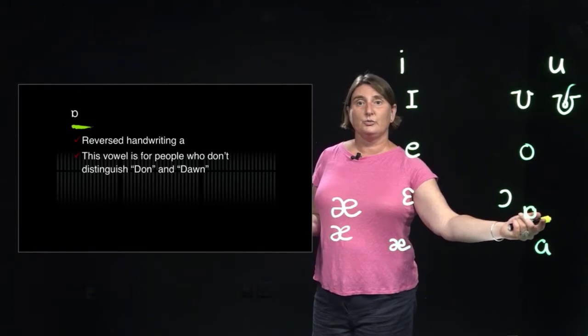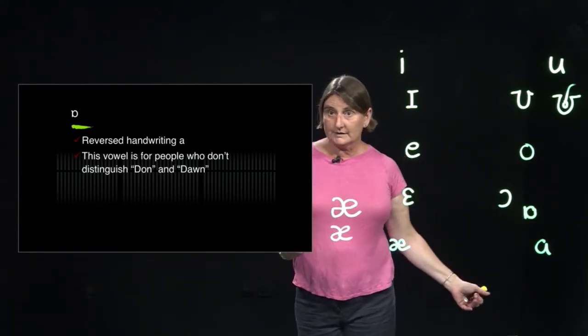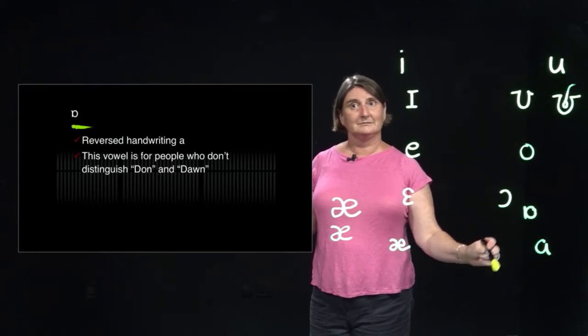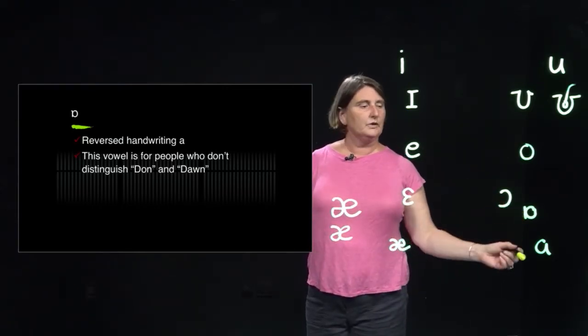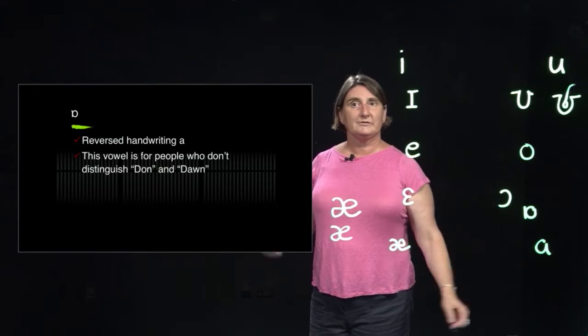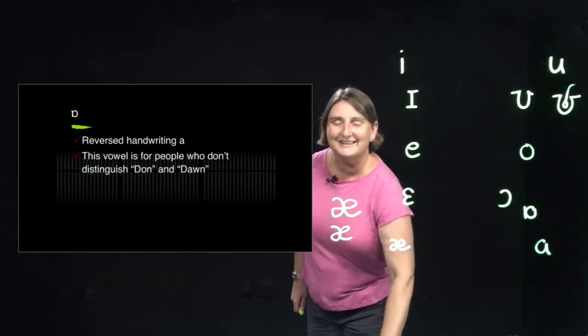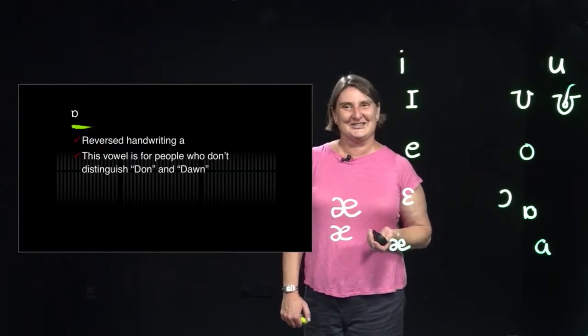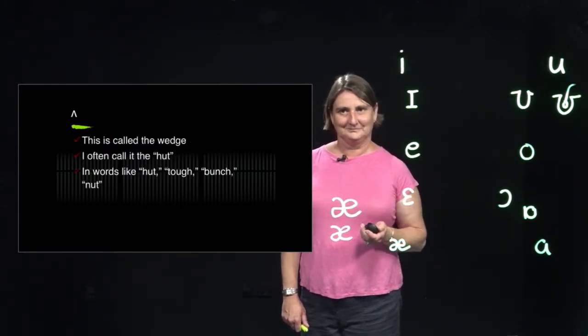That's the vowel that you probably use. If you personally have Aunt Dawn and Uncle Don, and it's natural, you probably use both of these vowels. We will continue working on that, and you will eventually understand the difference.